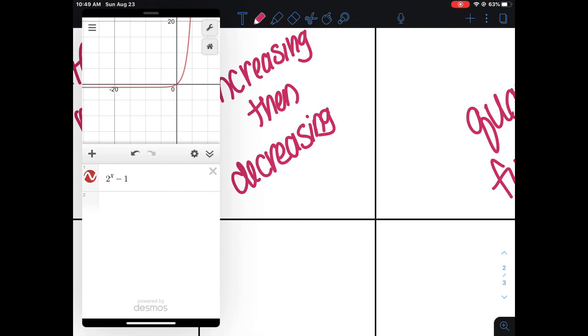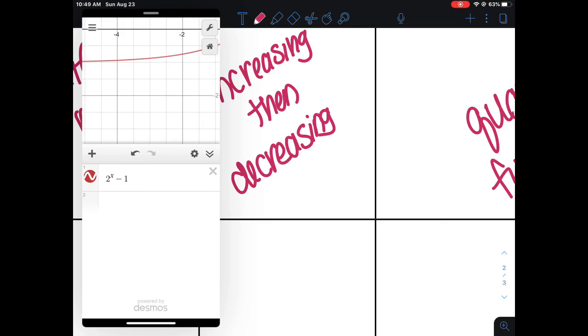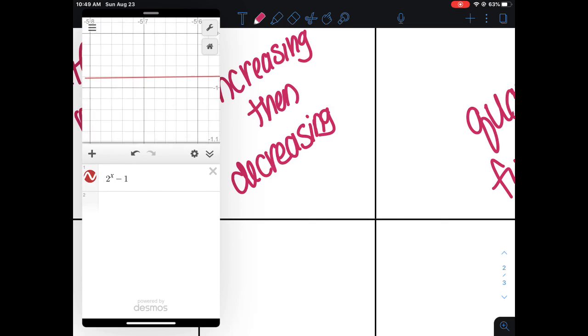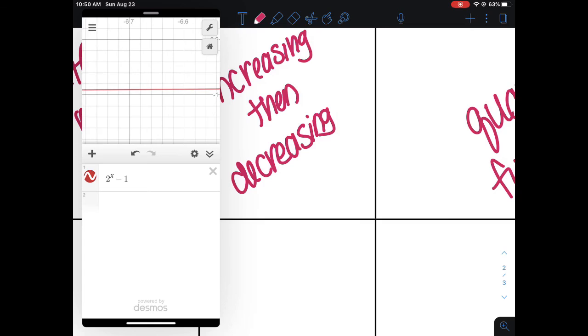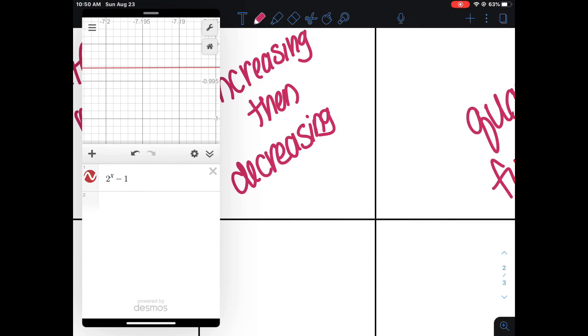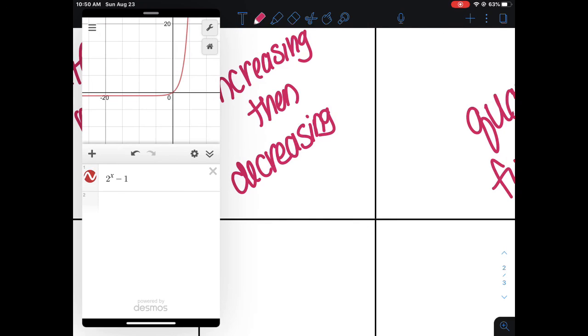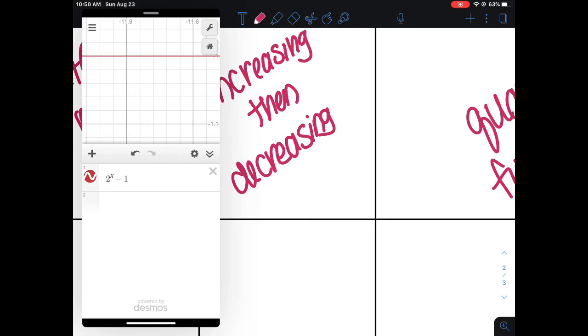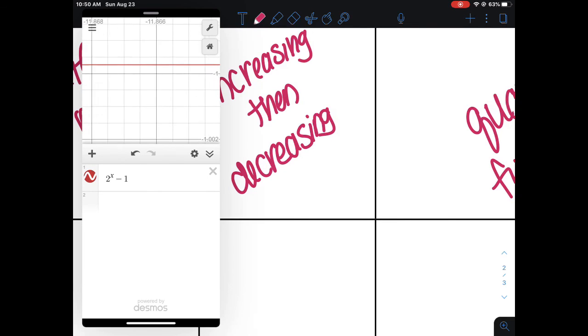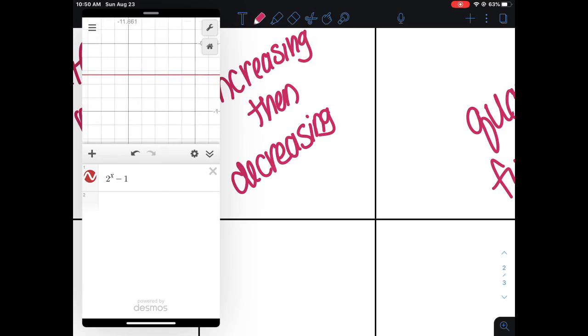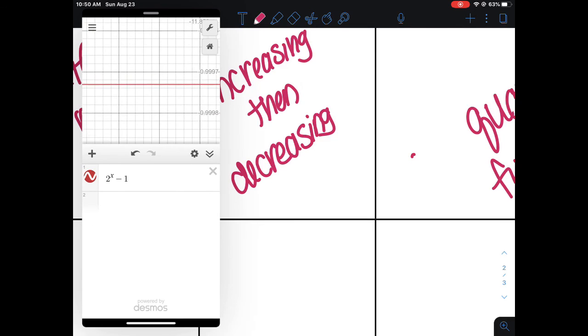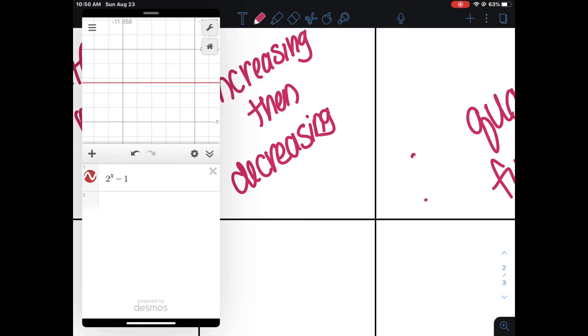Am I increasing or decreasing? Now, students, when they're doing exponential, they're like, oh, well, it's constant because that horizontal line looks pretty flat. But in fact, it is not. If we keep zooming in, okay, notice that it is super slowly going down, or as I keep zooming in, notice that it is in fact slowly, super slowly increasing.